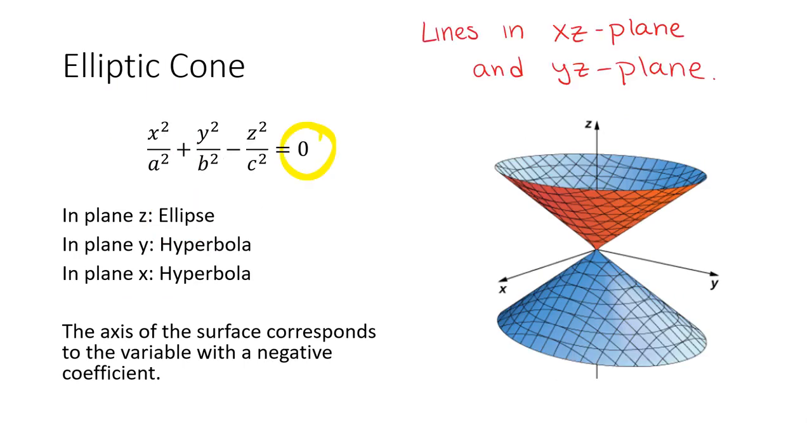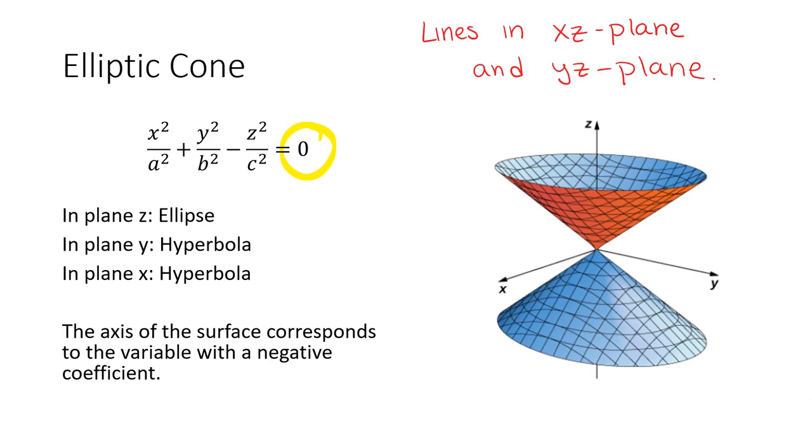But our elliptic cone has one side equal to 0. It doesn't have a constant term in it. And what that means is if you're actually in the XZ or YZ plane in this case, you're going to see lines. So some of the cross sections are actually linear, are lines.